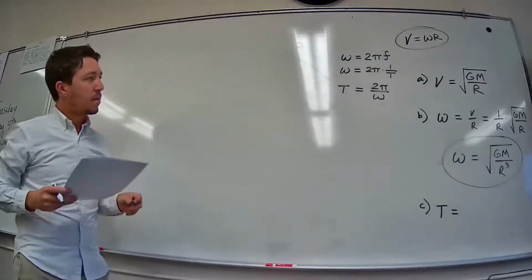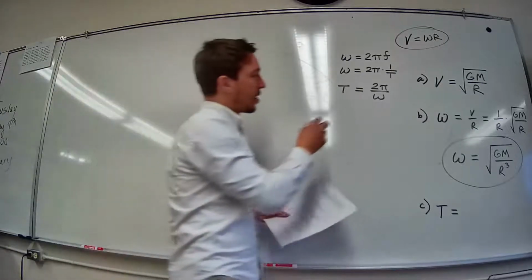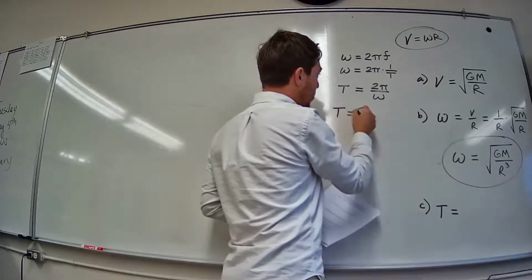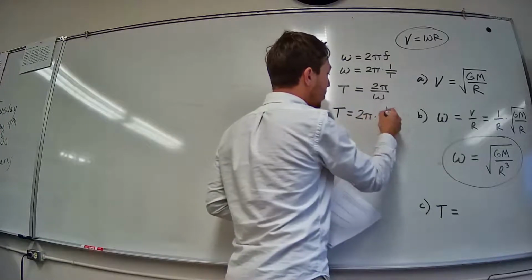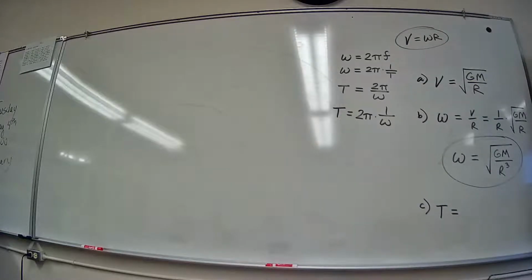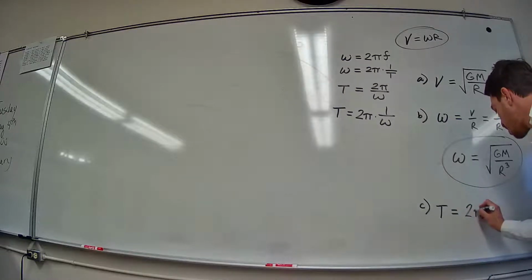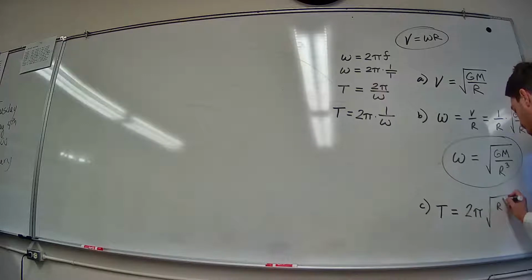Or maybe it makes more sense to think of it as 2 pi times the reciprocal of omega. Why does that make life easier? Does that make sense?